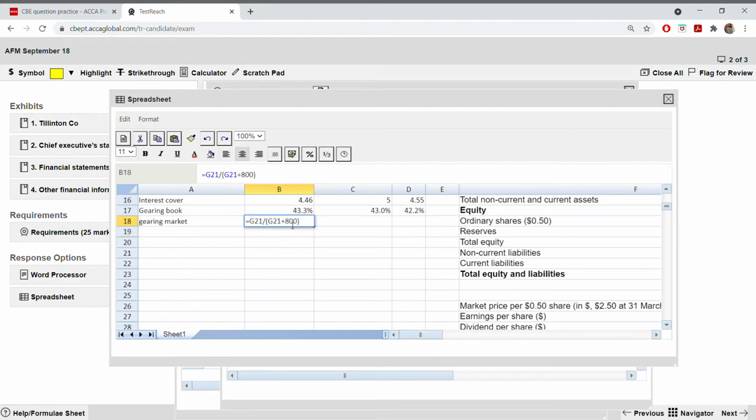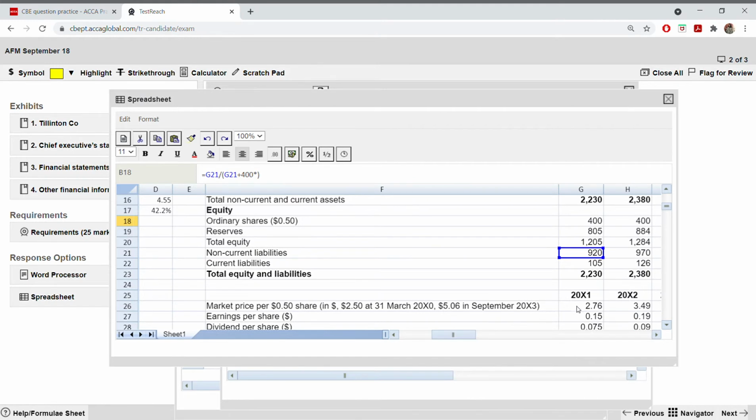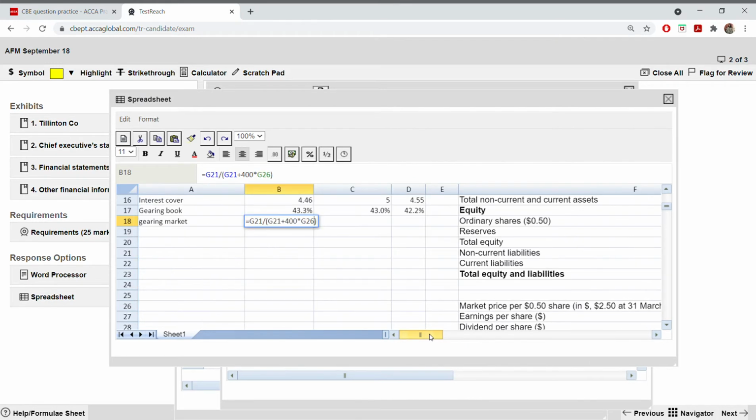Or just take 400, 400 multiplied by the market price, which is 2.76. You have to get 29.4. That's what you have to get, 29.4. So something is wrong somewhere.